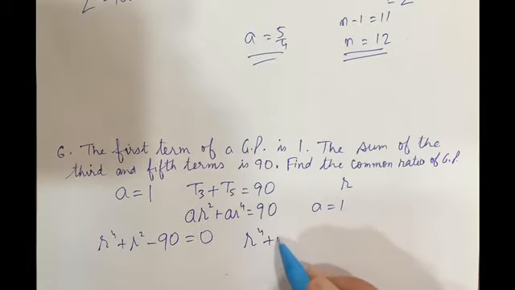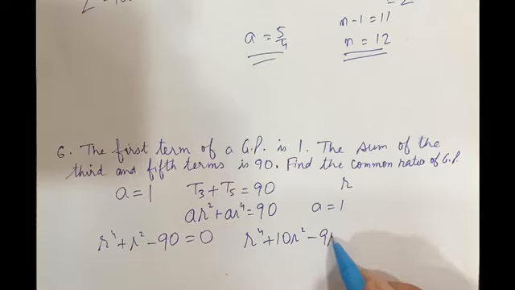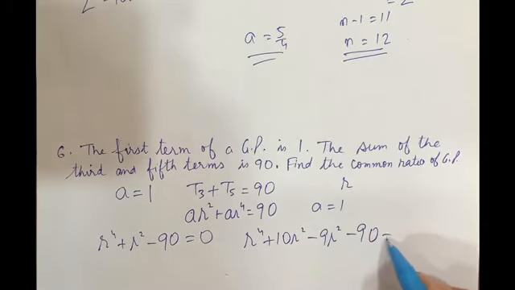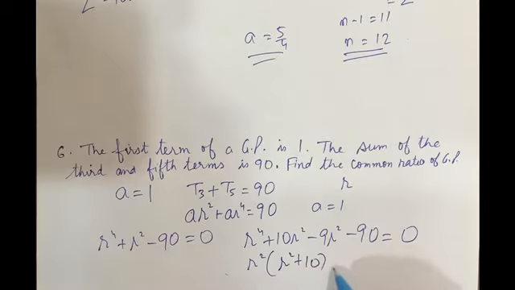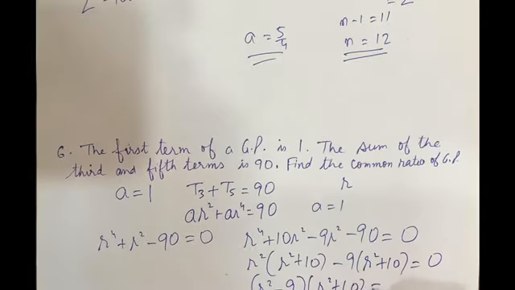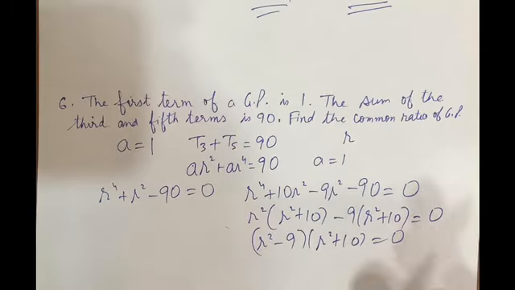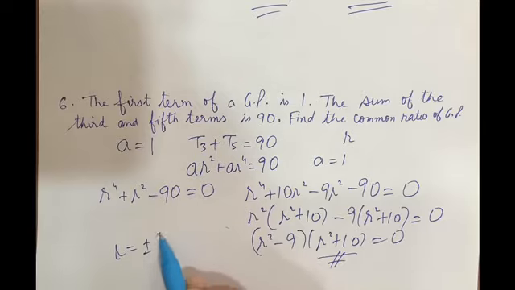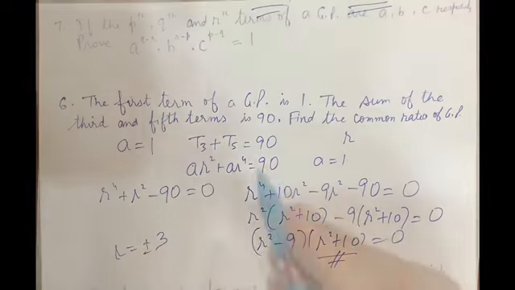That's R raised to 4 plus 10 R square minus 9 R square minus 90 equal to 0. R square into R square plus 10, minus 9 into R square plus 10, this is 0. R square minus 9 into R square plus 10 is 0. So this gives us R equals to, this factor is not equal to 0. R square equal to 9 means R is equal to plus minus 3.